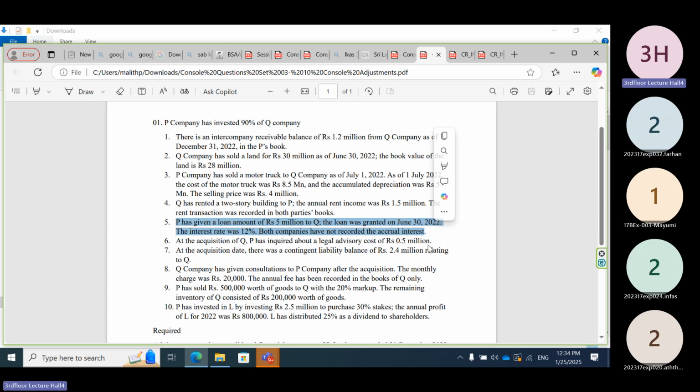Now they have tried to acquire. Within this whole period, they have not recorded the interest. If so, your interest expense should be calculated for this period also. This portion is a part of the calculation of goodwill. If they have not recorded interest expense, we need to record it. That will decrease their net assets. Then it's part of the goodwill calculation.